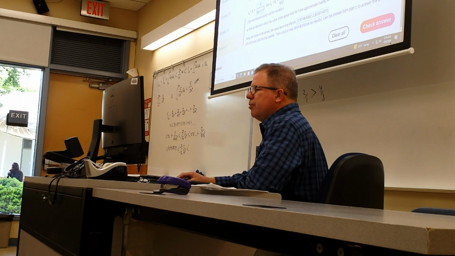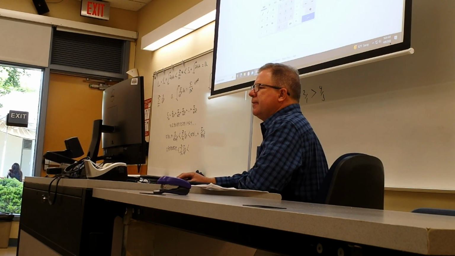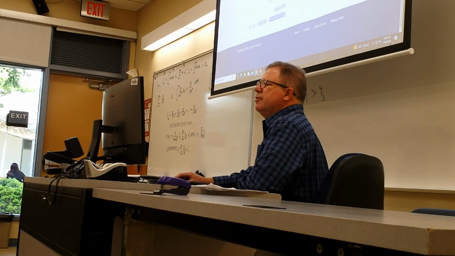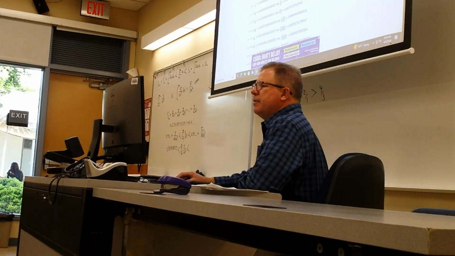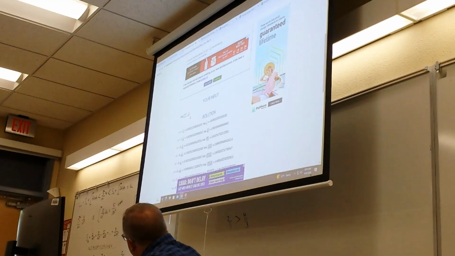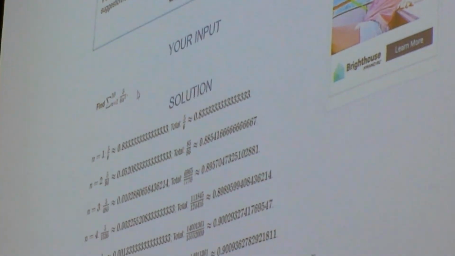Using the first 10 terms of this series, that's like what we did in Desmos. Is this correct? 5 over 6k to the 4th, 5 over 6n to the 4th.